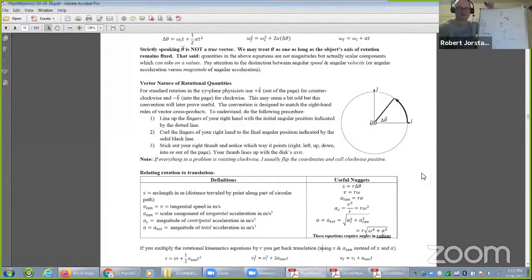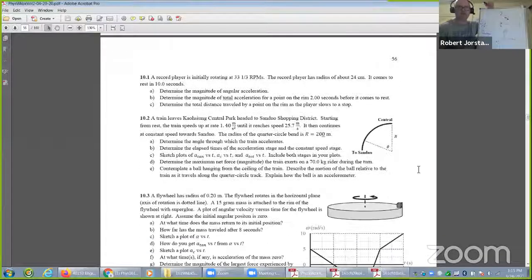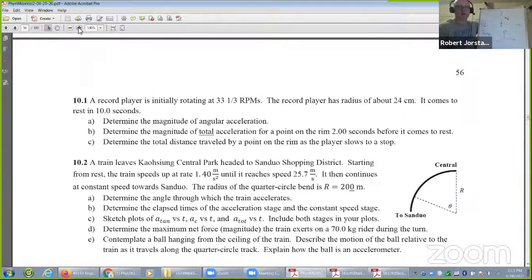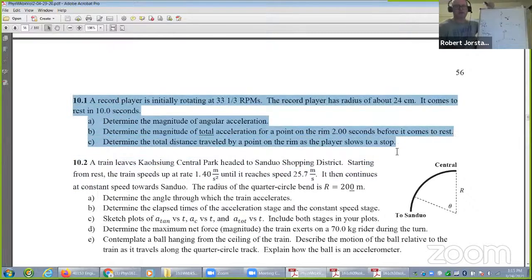Okay, let's do a problem because you don't really understand anything until you start doing problems, right? All right, let's start simple, 10.1, okay? So take a second to look at it.